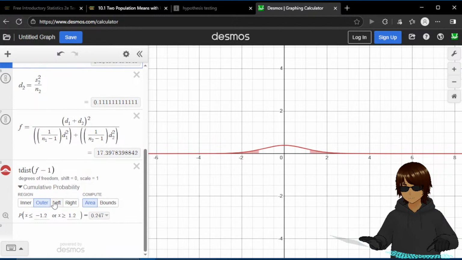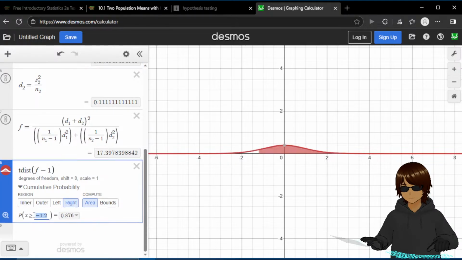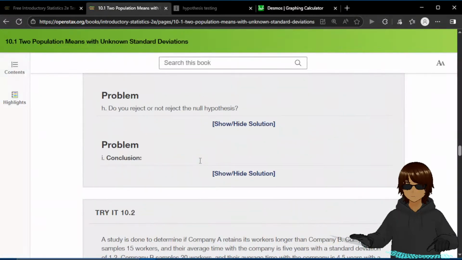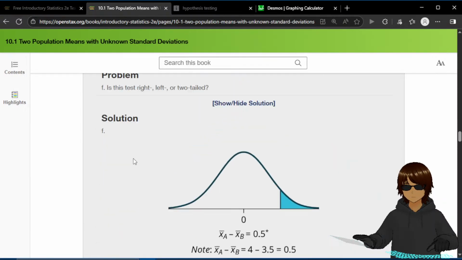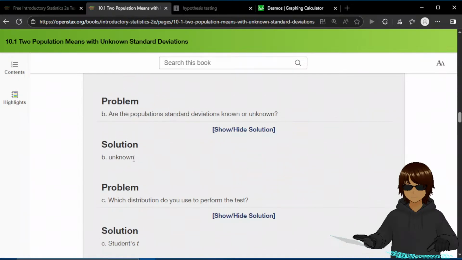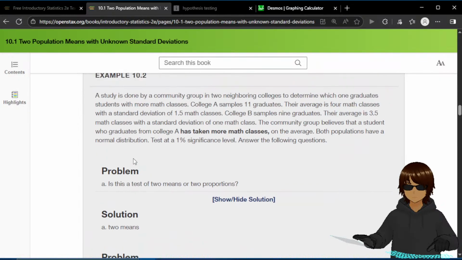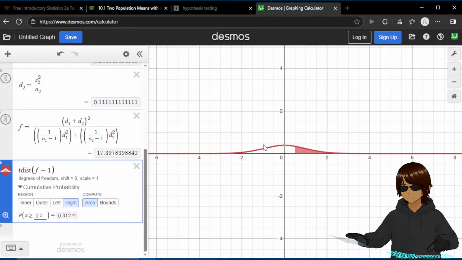I got this, and then I need to check this. I don't understand how they got the p-value of 0.1928. Yeah, using the student's t distribution. 4 minus 3.5 is 0.5.